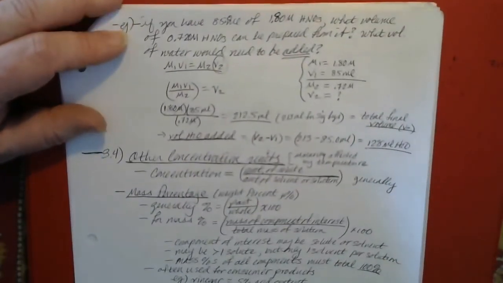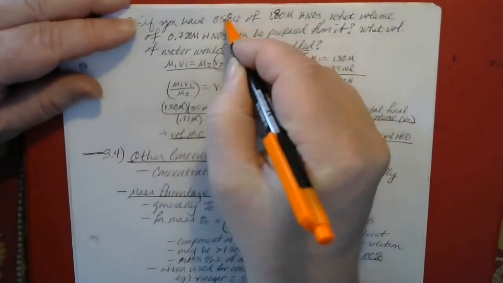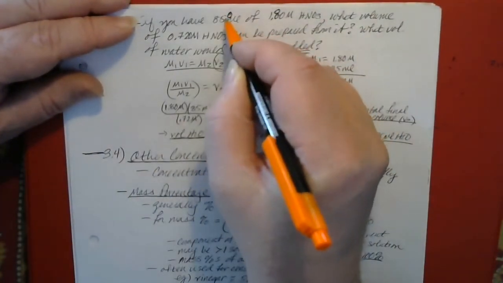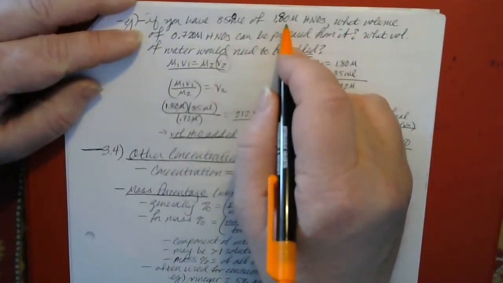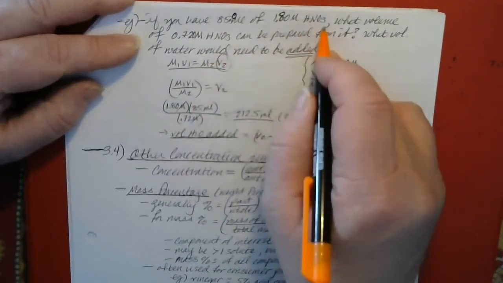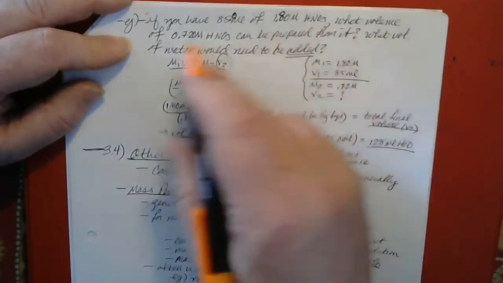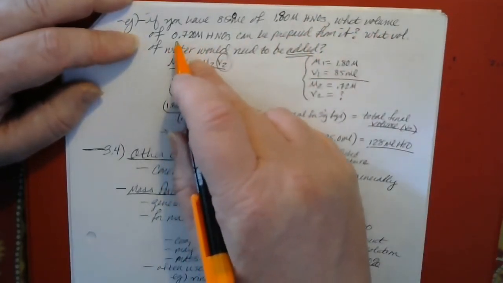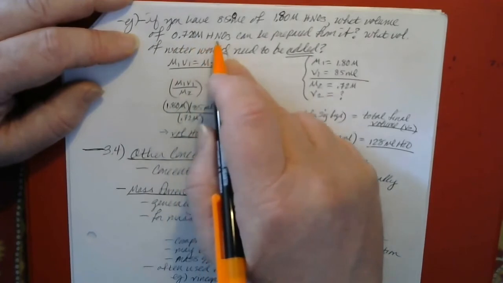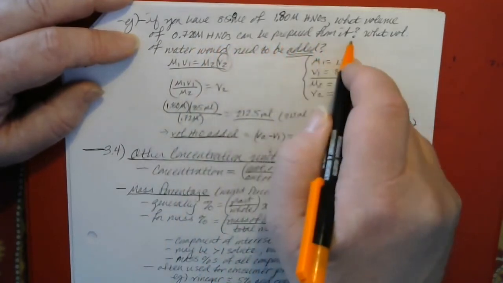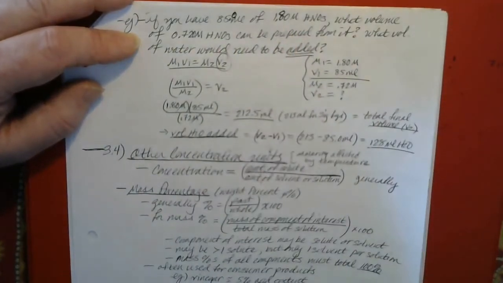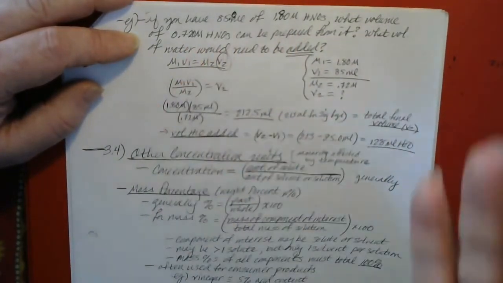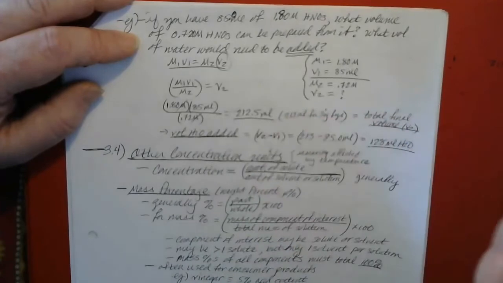A third example, and just a quick one. If you have 85.0, I added the 0.0 in to make it 3 significant figures, of 1.80 molar HNO3, what volume of 0.720 molar HNO3 can be prepared from it? So in this case, 0.720 molar is what you're going to prepare in the future.